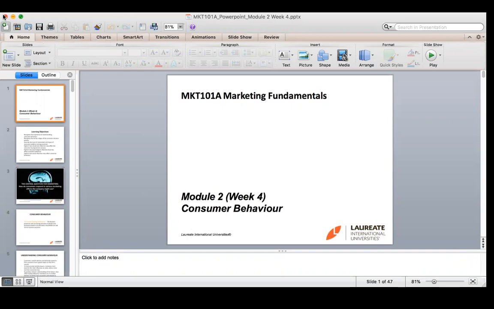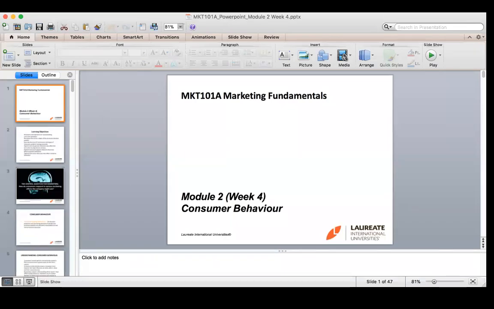Can you see my file? Okay, I'll stop sharing. Hang on a second. Yeah, sorry about that. Okay. Can you see my PowerPoint slide? Yeah. Okay, brilliant. I cannot do the slideshow, but that's fine.